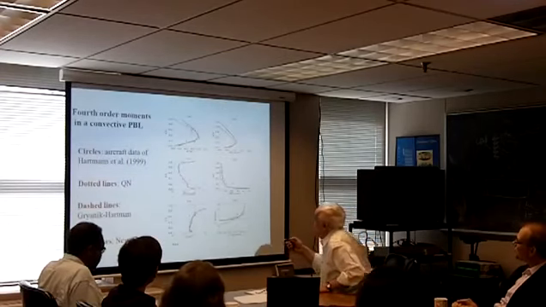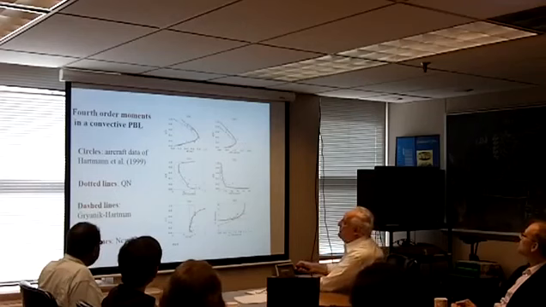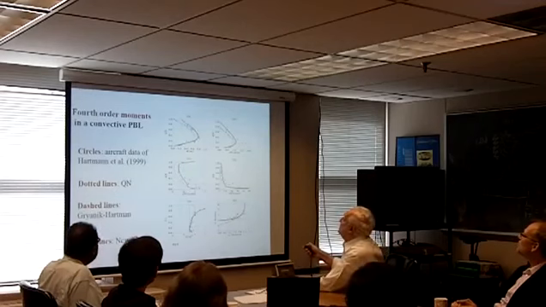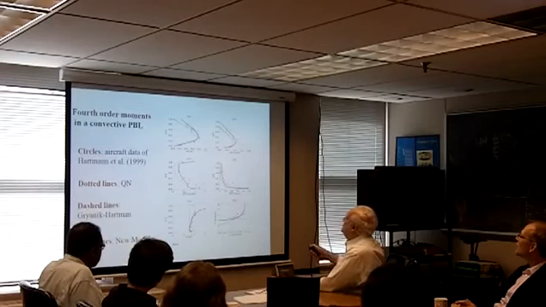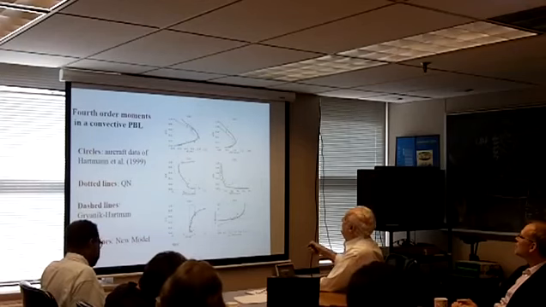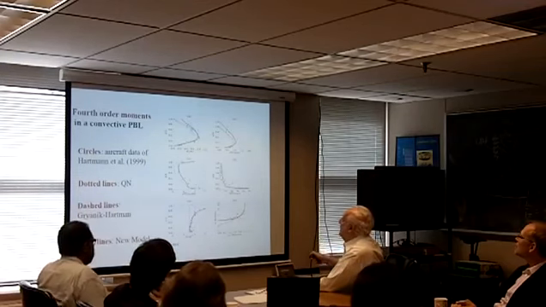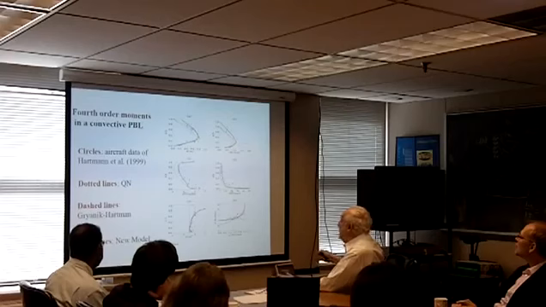And there were these aircraft data, the circles are the aircraft data, nicely scattered, of course, because it's a different fourth order moment. This is the fourth order of the velocity squared times the temperature.